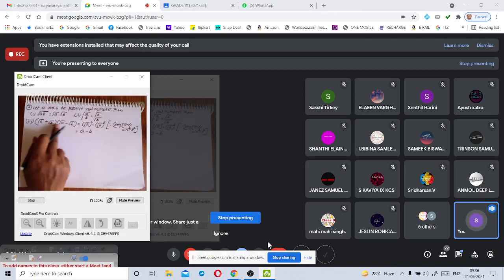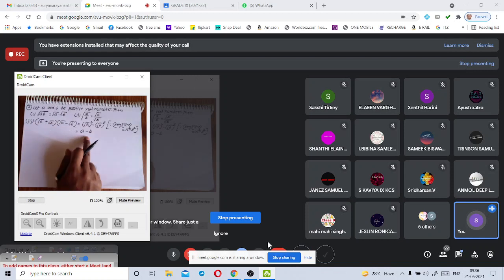Vice versa, this number is a rationalization factor of the second number and the second number is the rationalization factor of the first number, because the product of these two numbers is a rational number. Okay, my children.